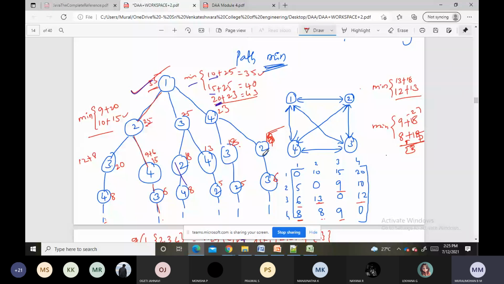Out of these feasible routes or feasible solutions, we will select as the optimal solution the one having minimum cost, or minimum tour distance. So this is our objective function, and the feasible solution which satisfies this will be selected as the optimal solution, right?